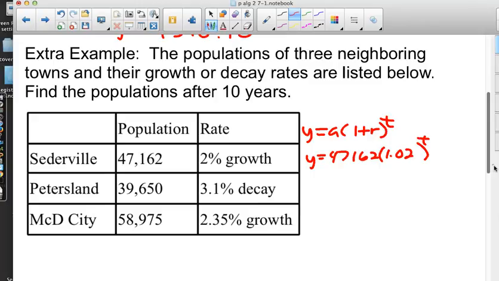So that means we have to put a 10 in there. And see what we get. 47,162 times 1.02 to the 10th power. And this is people. So 57,490 people.